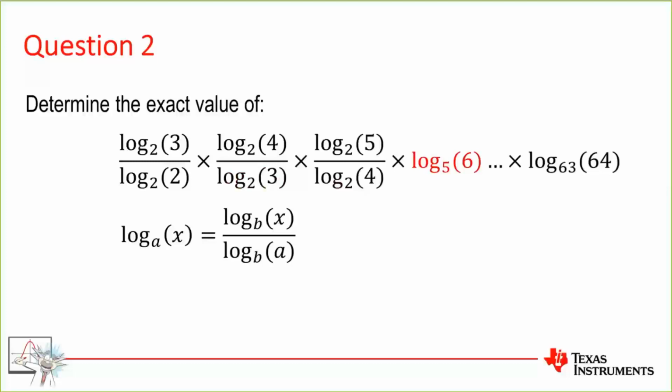And I don't have to do all of these by hand, otherwise I might as well have done it on the calculator. Hopefully you're starting to see that there's some terms here that simplify those ones, and the next ones, and the next ones, and so on all the way until we get to our very last one, which would be log base 2 of 64.